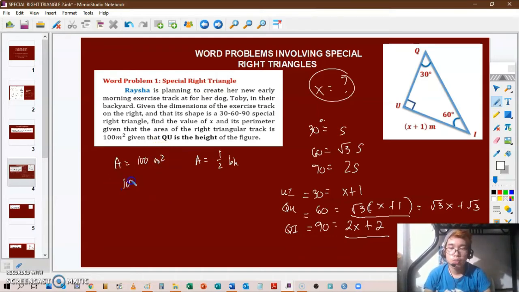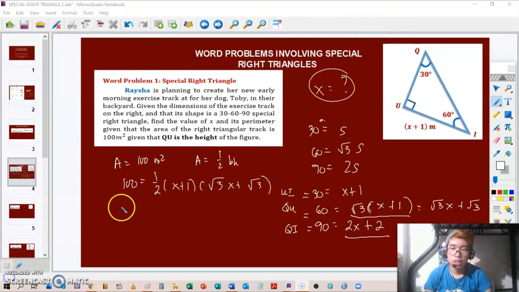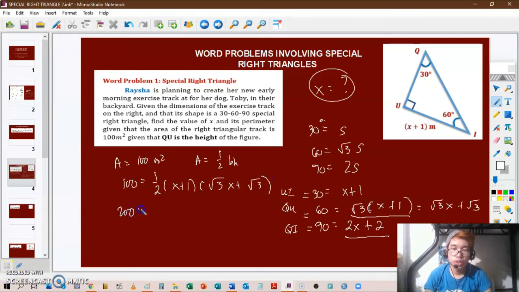So this will give us 100 is equal to 1/2. Okay, the value of the base is x plus 1, and the value of the height is square root of 3x plus square root of 3. Okay, so this will give us 200 is equal to x plus 1. Okay, so let's try to multiply.